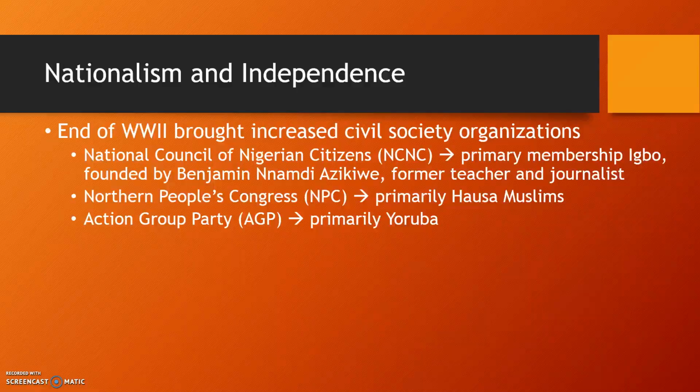He comes back to Nigeria after World War II, founds a newspaper, and founds the National Council of Nigerian Citizens to essentially be a universal nationalistic political party that is supposed to appeal to Nigerians of all different ethnicities.